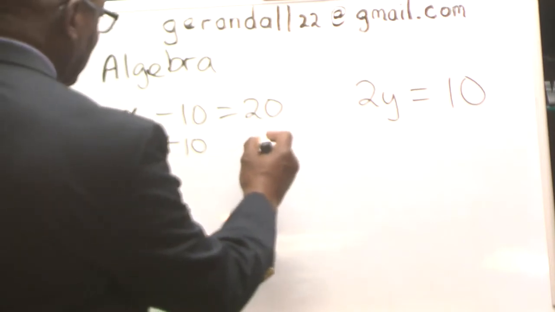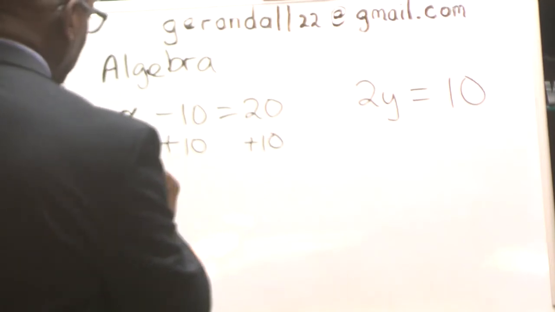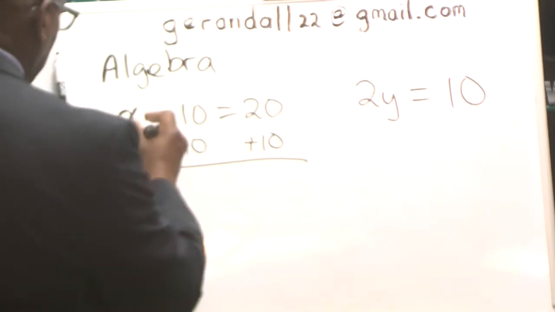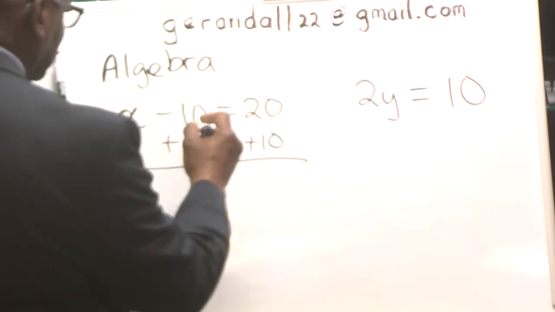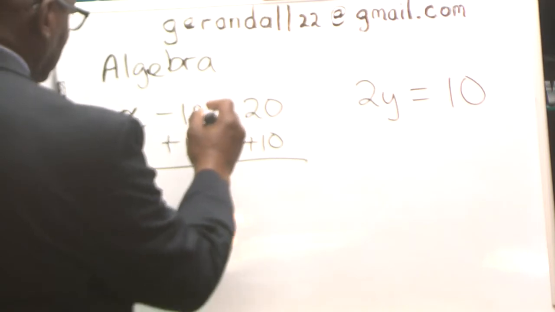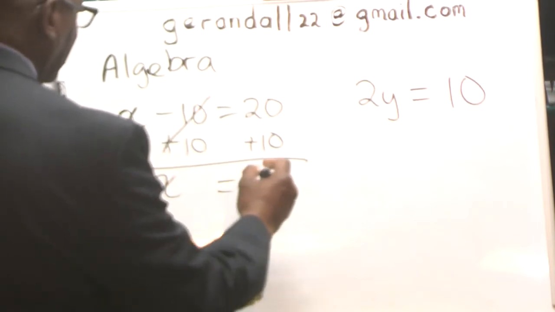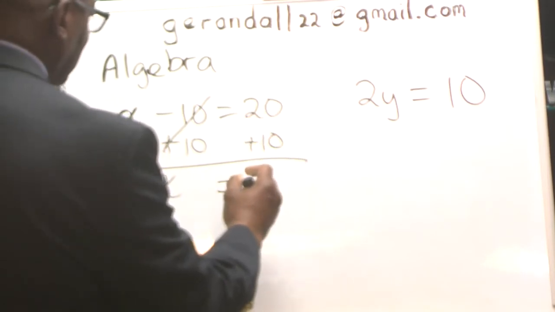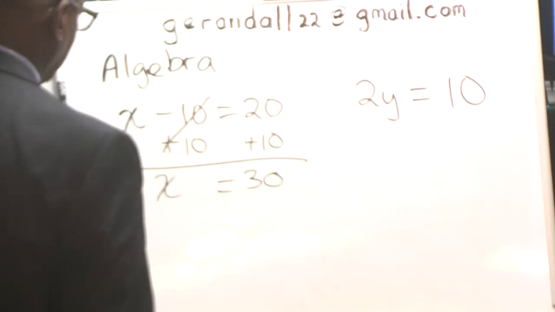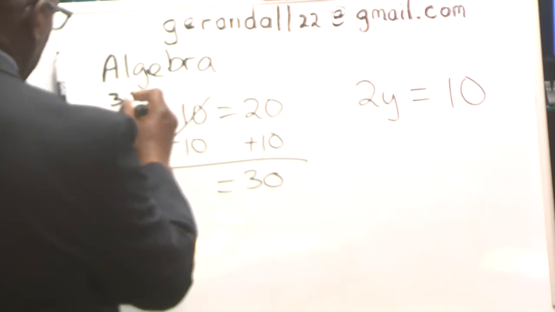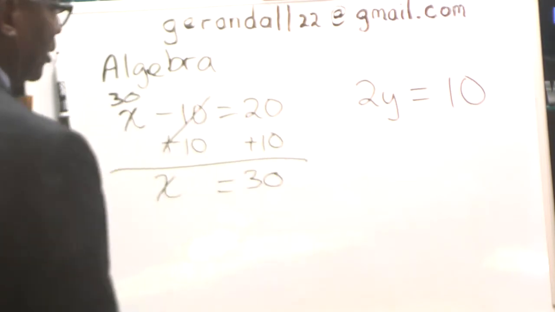You add 10 here. You draw your line. On the left side of the equal sign, minus 10 plus 10 cancels out. You're left with x. Over here, 20 plus 10 is 30. You go back to check. 30 minus 10, 20.